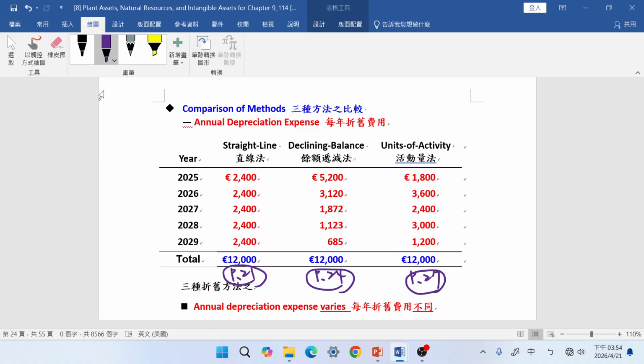Did you find out that no matter whether you use the straight line method 直线法, double declining balance method 倍数余额递减法, or units of activities 活动量法, the total numbers are the same? Just as we mentioned at the beginning, do you know how much your total value decrease is? Yes, we know. At the beginning, we already know the total value decrease.